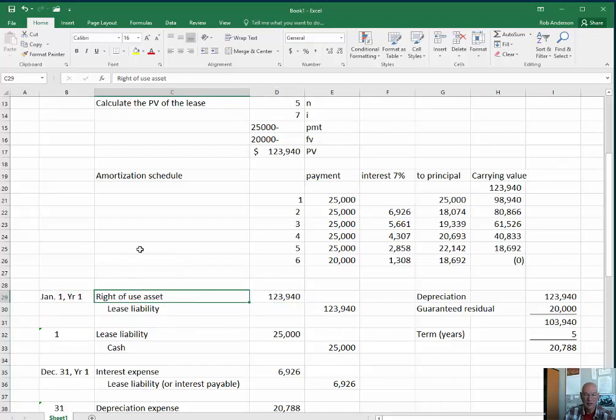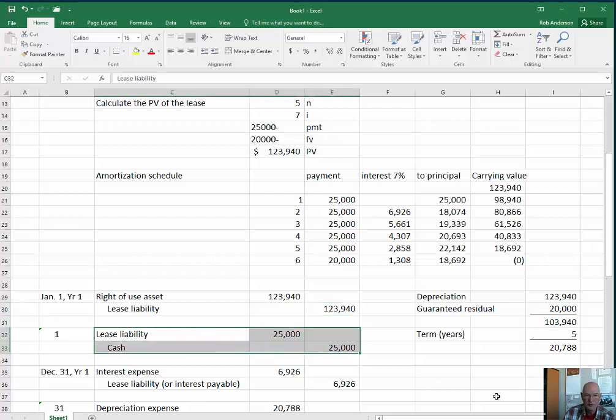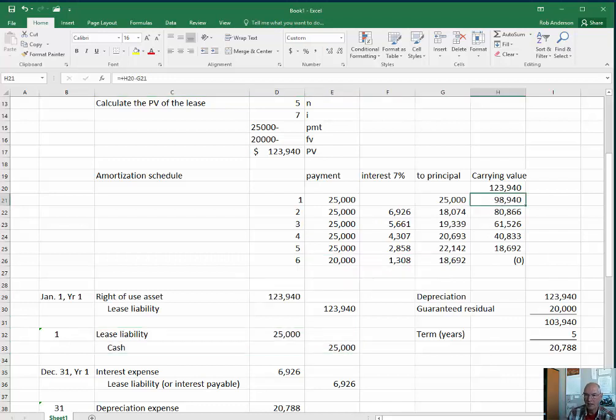Notice that the account title is right of use asset, not right to use asset. I just get that sometimes from students when they write in the account title. And credit your lease liability. So here's us owing $123,940. The very same day, you reduce that lease liability with a cash payment, which means that $98,940 is where it's sitting right now.